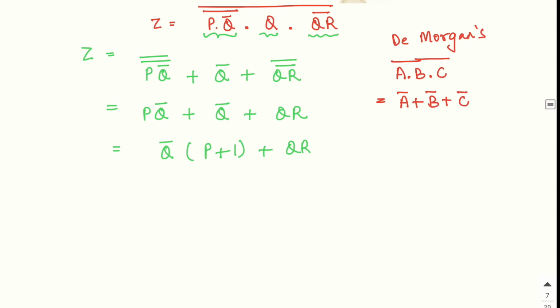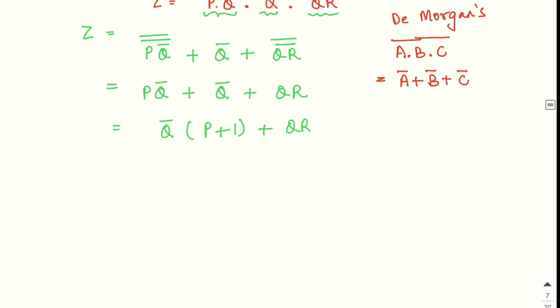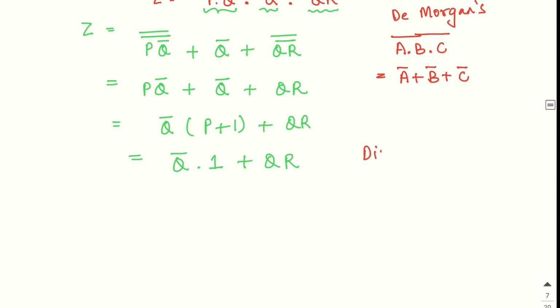So this question is now reducing to a Boolean minimizing type of problem. This is equal to 1 because 1 OR with any element is 1 itself, so this is Q bar 1 plus QR. Now if you notice, then you can apply the distribution theorem.